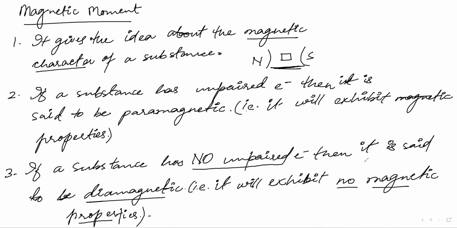Great. So the last topic for today is what we were learning. Do you remember? Before magnetic moment, before unpaired electrons, what was the broad topic? Sir, we were doing electronic configuration of ions.